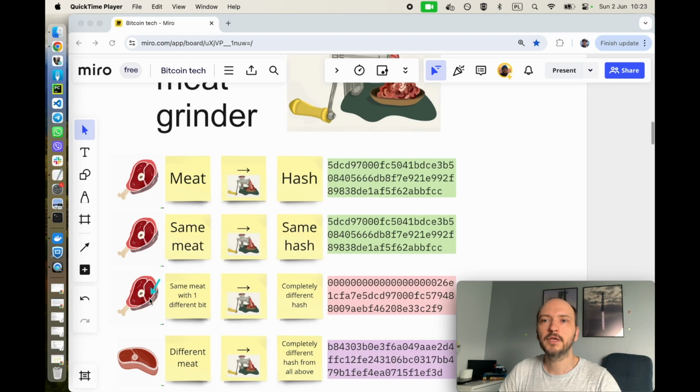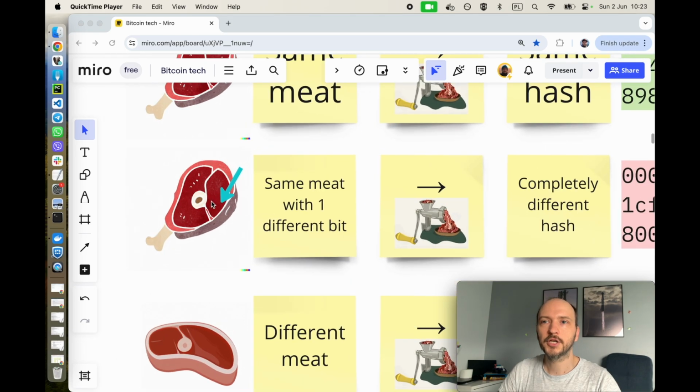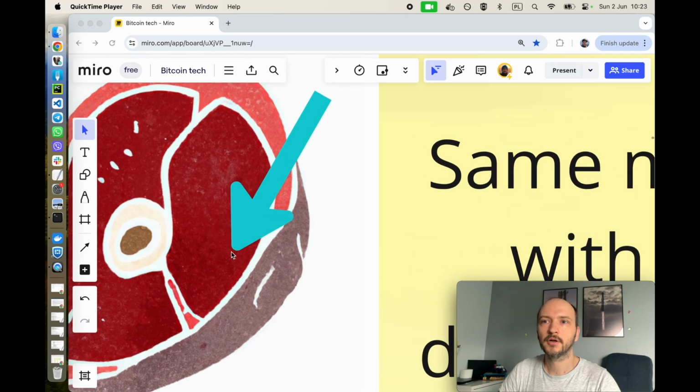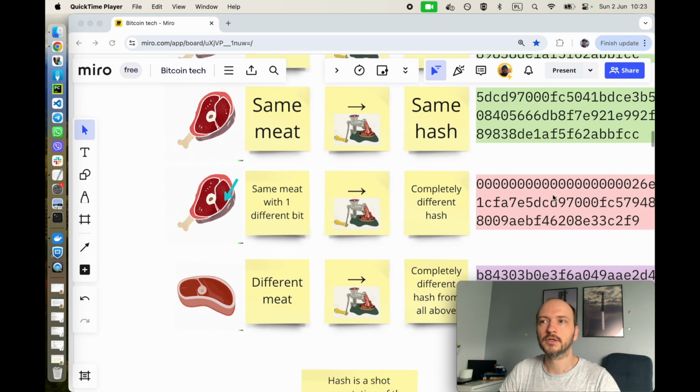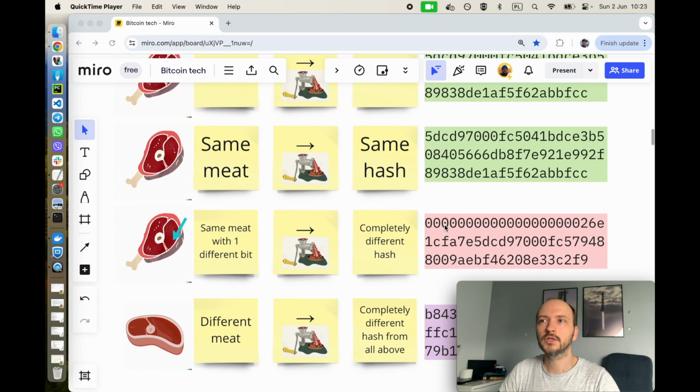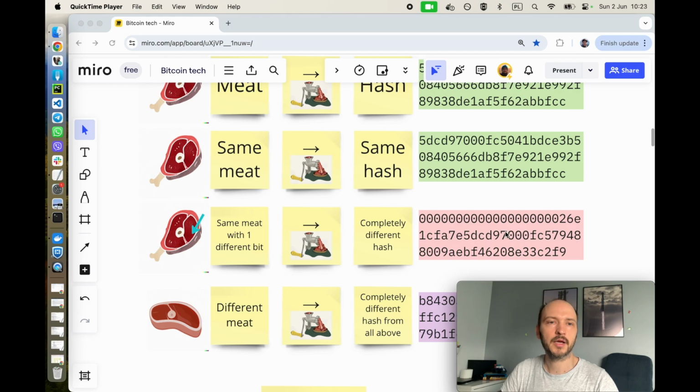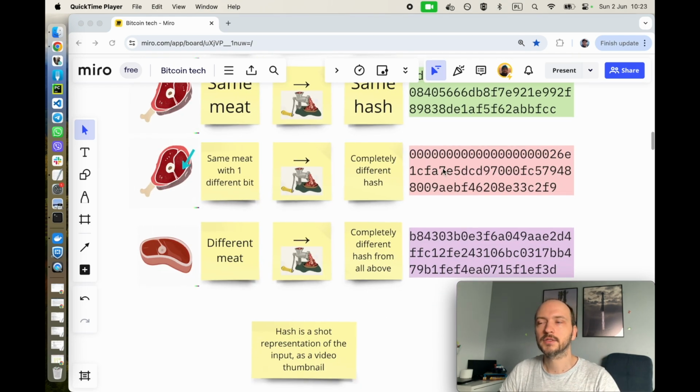But if you give a bit different input, so for example, you change 1 pixel somewhere here, and you give it as an input to the hash algorithm, the result will be completely different. Not one simple difference, it will be completely different. That's one of the properties of the hash algorithm.